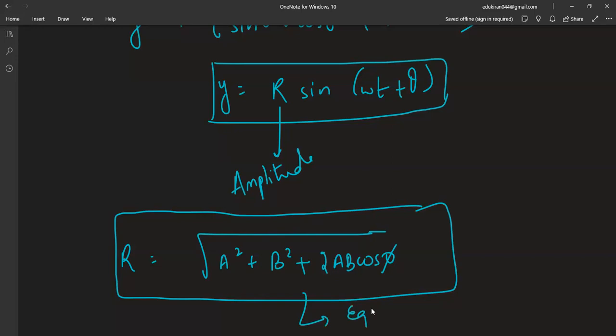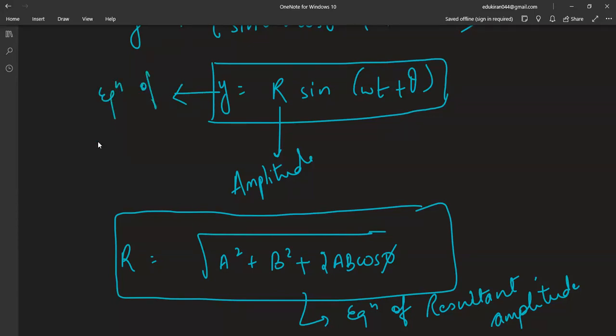This is the equation of resultant amplitude. Don't be confused, this is the equation of the resultant wave. This is the entire wave's equation. When we are specifically finding it out for the resultant amplitude, this will be it.